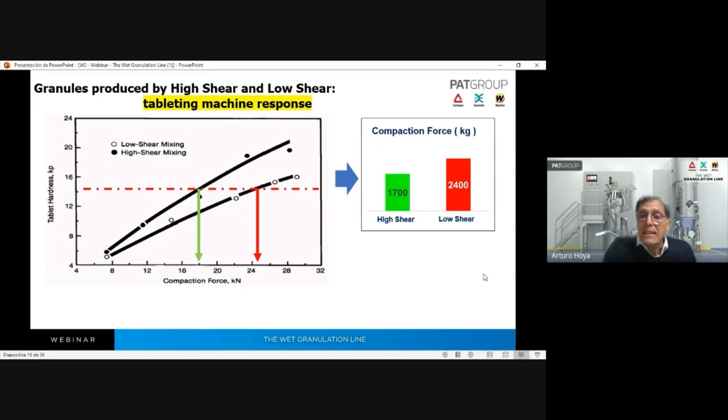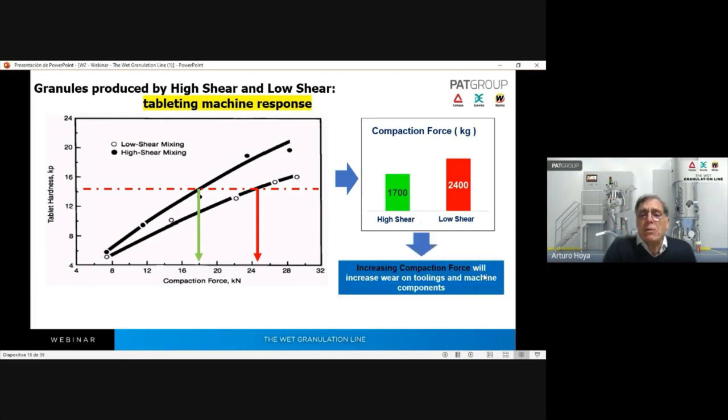It's clear that it is very high in the granules obtained by low shear. What impact does this have? Increasing the compaction force, increasing the pressure, will increase the wear of our tooling, the punches and the dies, and the machine components. So it's an important question.